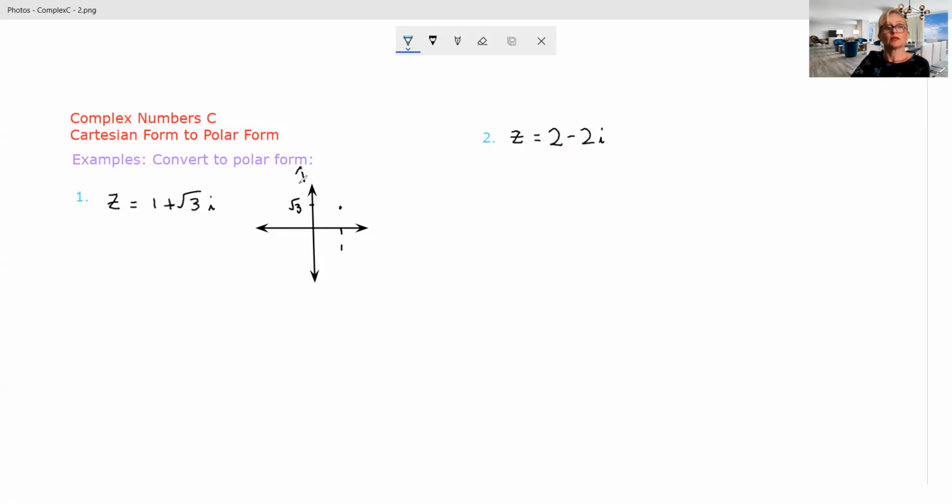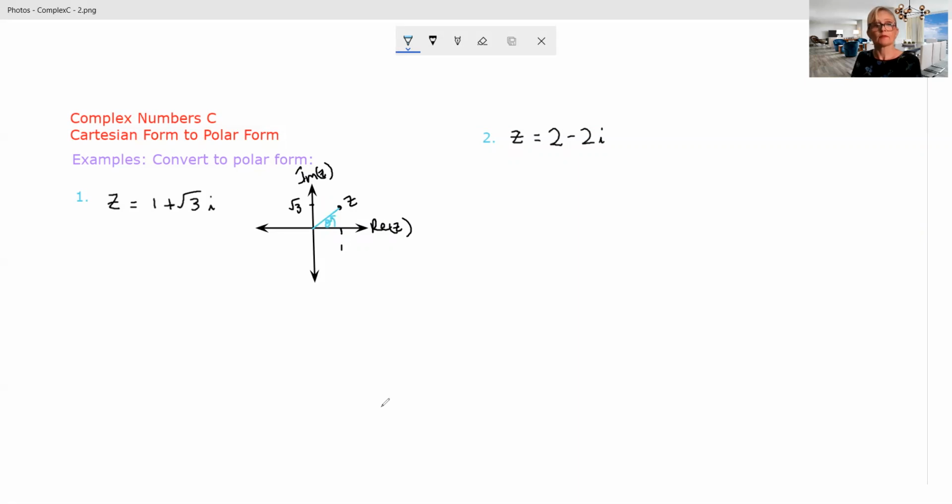So that's your real axis there, imaginary axis there. Okay, so here's our Z. Now, in order to write it in polar form, we need to know what is this length here and what is this angle here.